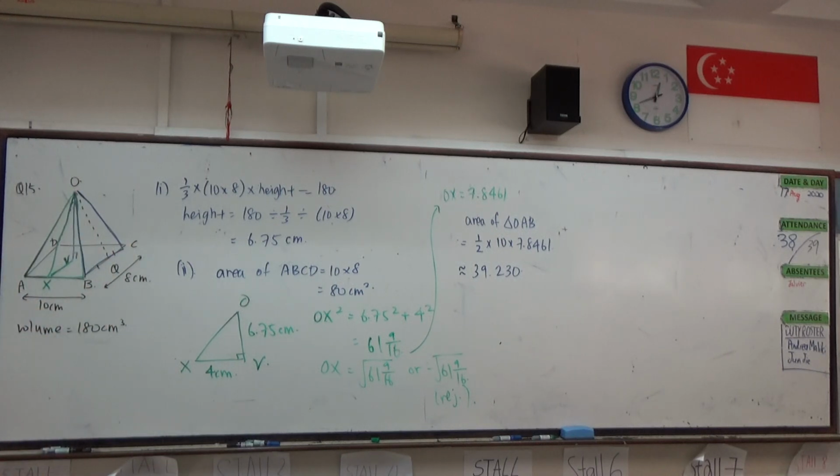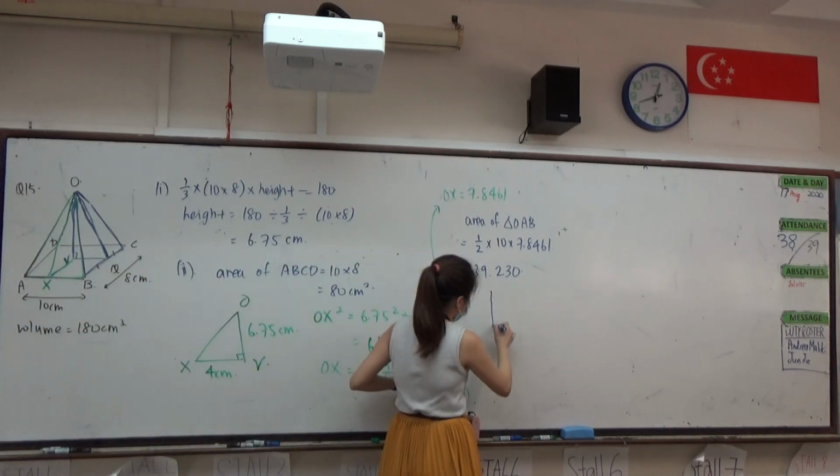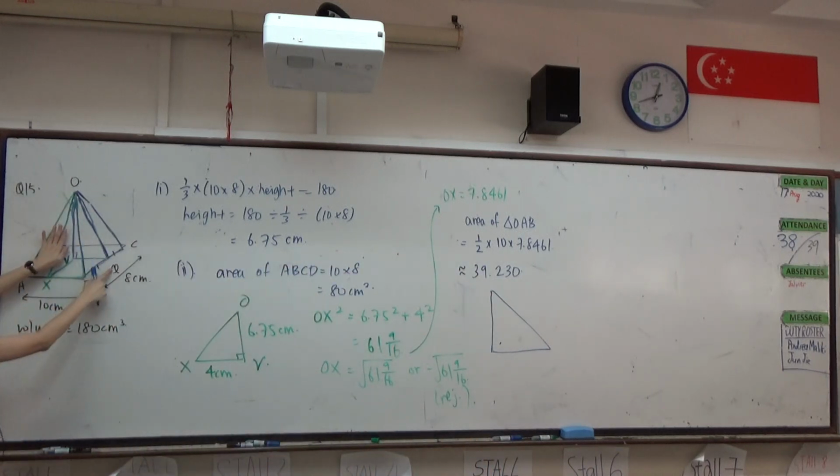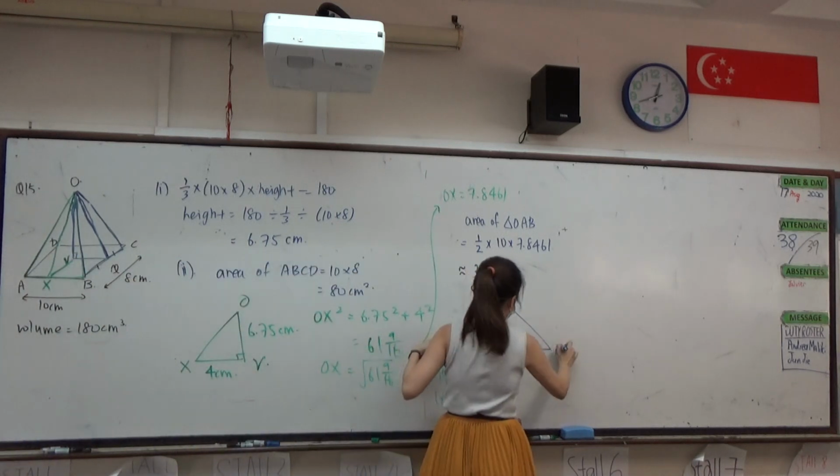Alright. So same method. We need to know what is the slant height. Because the slant height is the height that's going to be used for the area of the triangle. Alright, so to find out what this one here is, I also once again use Pythagoras' theorem, looking at this slant going in and then the vertical height here. Do you see that? So O all the way to Q, then all the way to the center B. OQV.